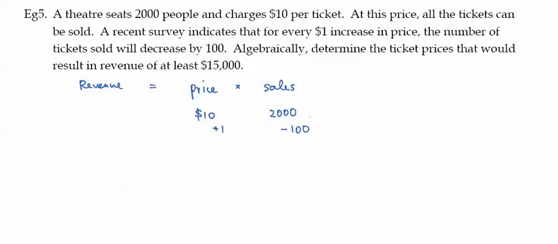If the price goes up by $1 again, it is going to drop by another 100. This many times, it is going to drop by that many times. So now your revenue will be x times 2,000 minus 100.